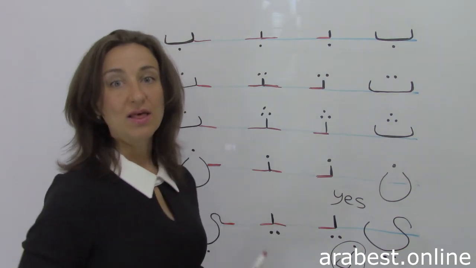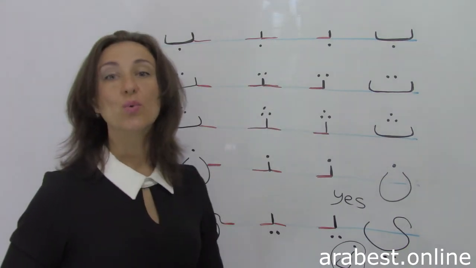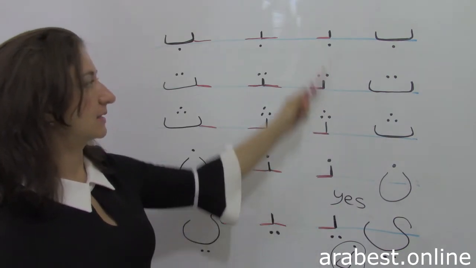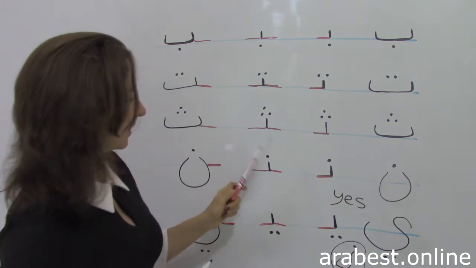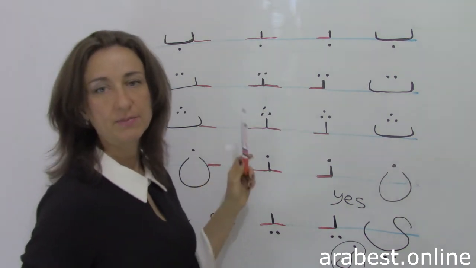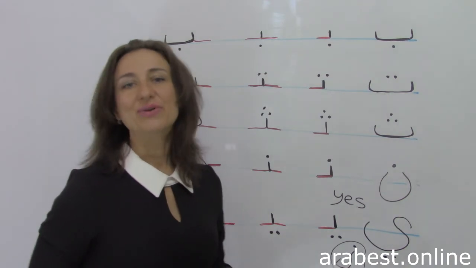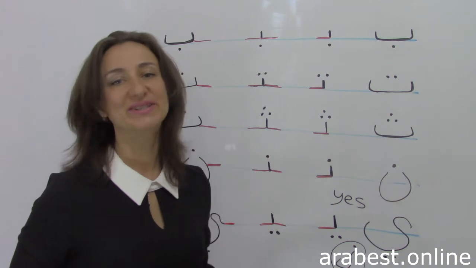Well, thus we have five letters which look almost the same inside the word, except the position and the number of the dots. The question comes, how to remember all this?